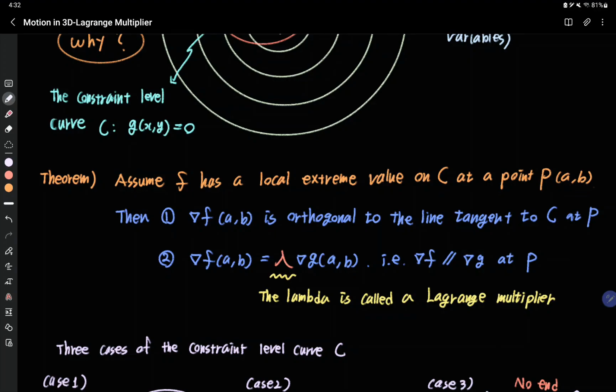That's the coordinates of point P. Then, first statement, the gradient f is orthogonal to the line tangent to the constraint level curve C at point P. The second statement, gradient f can be expressed as lambda times gradient g at (a, b), which is scalar multiplication of the gradient g, which means that gradient f is parallel to gradient g at point P. That lambda is called the Lagrange multiplier.